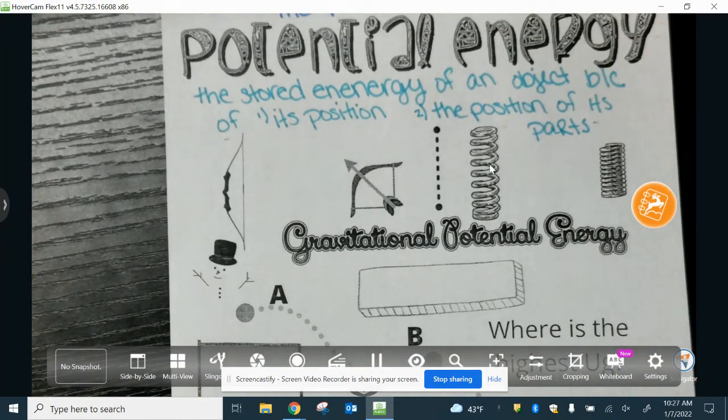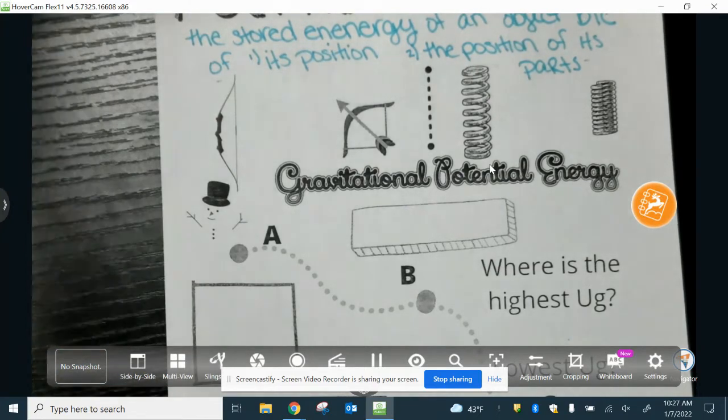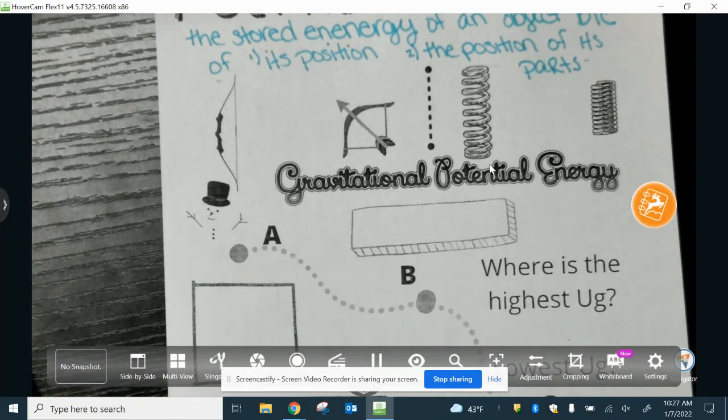But those are both examples of potential energy. Today we're going to talk about gravitational potential energy, which is just energy stored because of height.